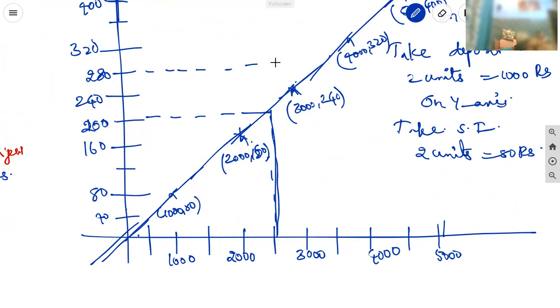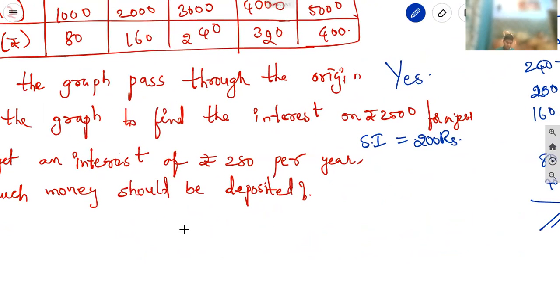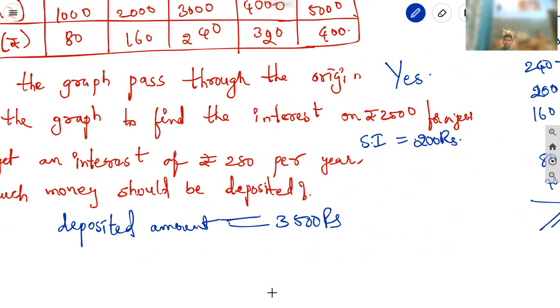Between 240 and 320, it is nothing but 3500 as the deposited amount. Deposited amount is 3500 rupees. It is the answer. From the graph only we found the values.